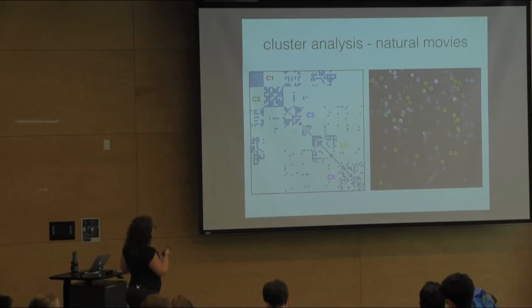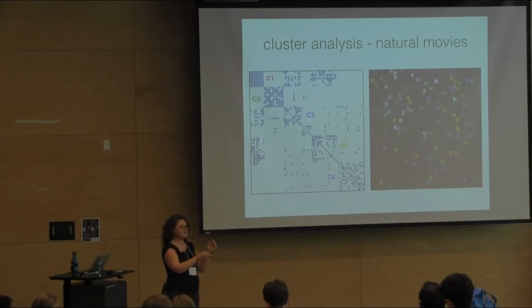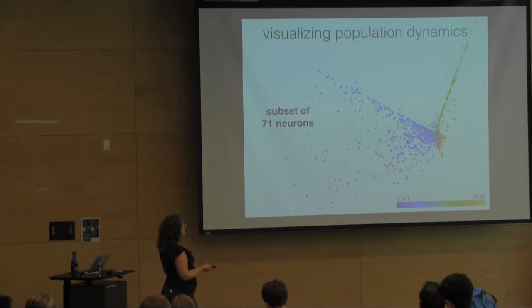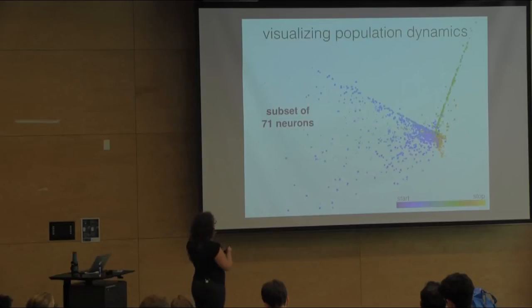And so what we did is we took the neurons that came out of this cluster analysis and then applied dimensionality reduction to those. What we found is that once we applied this to a subset of the neurons, we actually got a much better separation in terms of the different parts of the movie in these low dimensional projections.